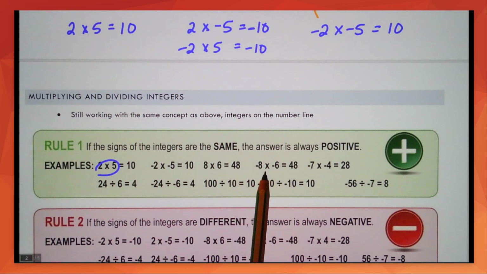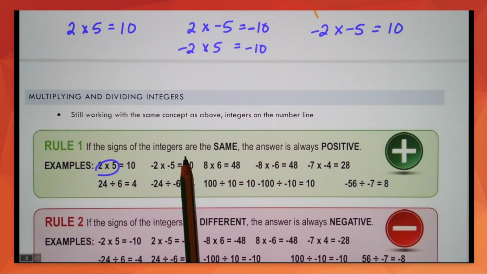There are tons of examples to pick from here. We're not going to do any of these because they're already done for us, which is nice. But you can see every time 2 negatives gives you a positive, 2 positives gives you a positive. All these answers are positive. If the signs of the integers are the same, the answer is always positive.